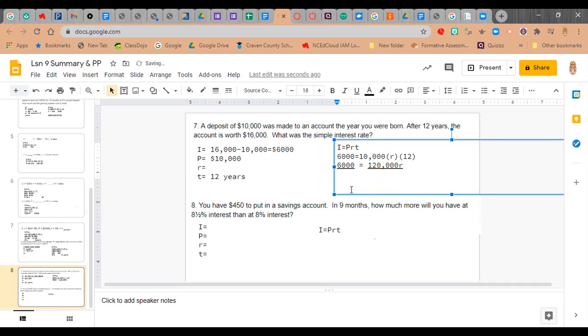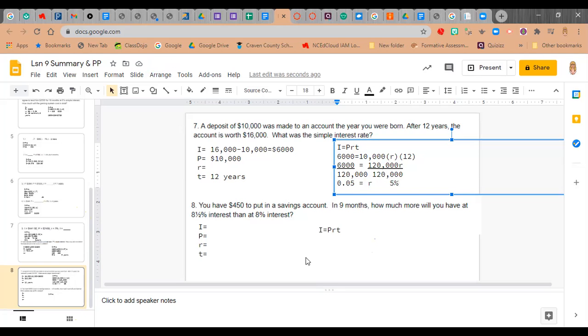What are we going to divide both sides by? 120,000. There you go. You got ahead of me, Jordan. That's okay. And then you get 0.05, right? Okay. Now, what is interest always in? Percent. So that is going to be what percent did you earn? 5%.